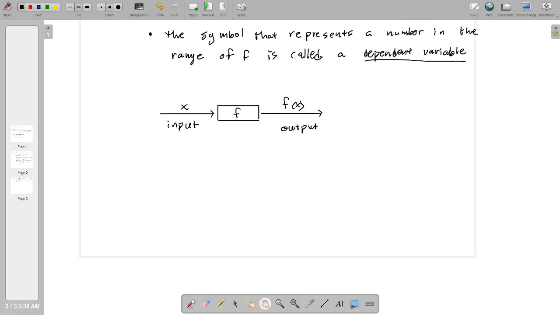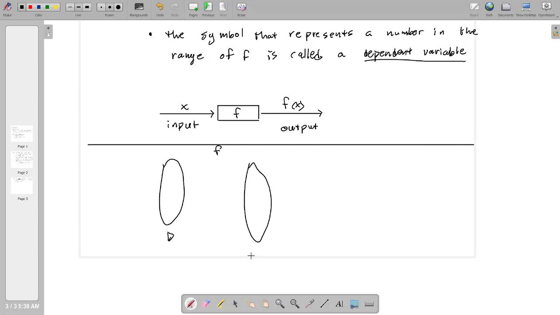Another way to think about this is a diagram that looks like this, where we have our domain, our function, and our range. And then each element in the domain, now there's generally infinitely many elements in the domain.